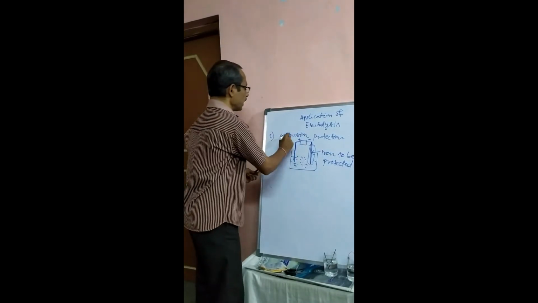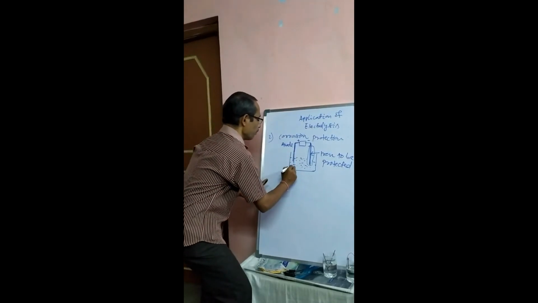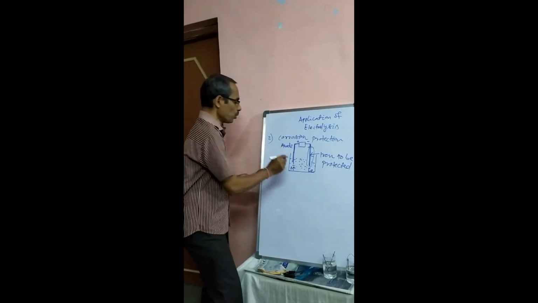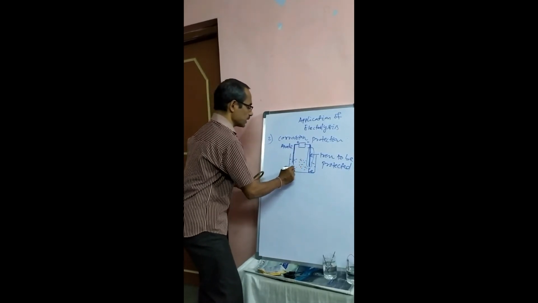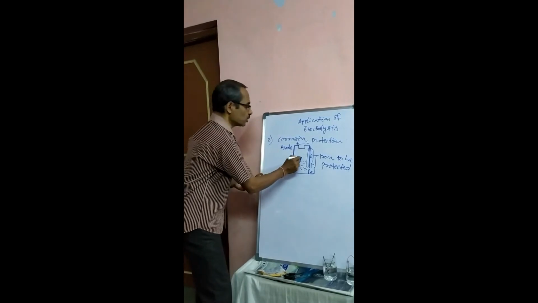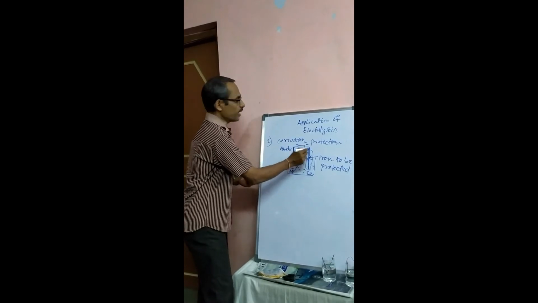Got it? Now when electricity passes through this, let us say this metal is M, and this is your iron. When electricity is passed through, M goes to M plus ion. As it is positive in nature, it moves to the cathode, because the cathode is negative.